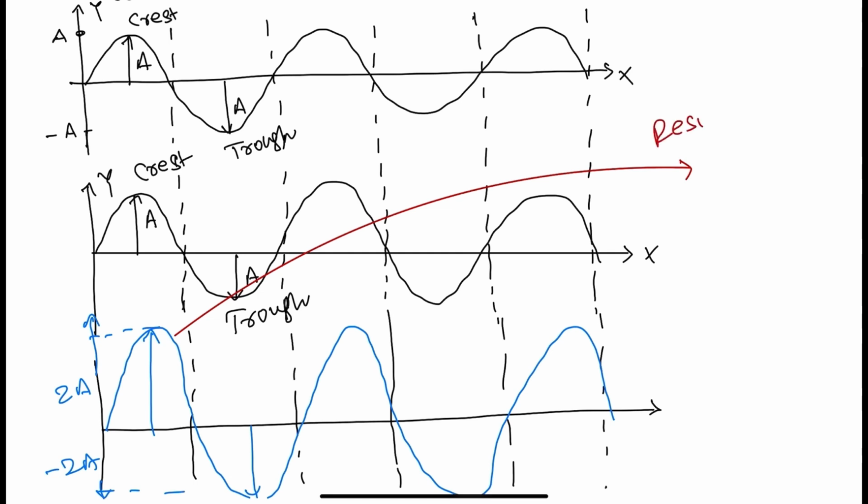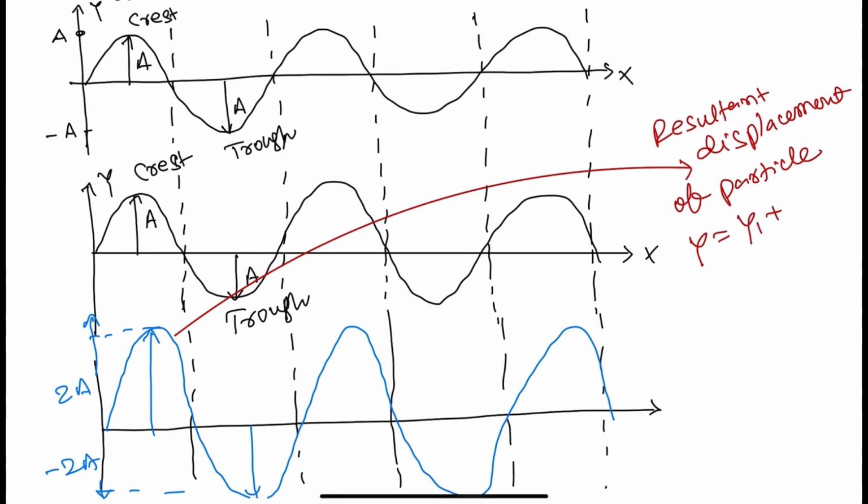From this we can talk about the resultant displacement of the particle: y equals y1 plus y2. The maximum displacement is amplitude A1 plus A2.